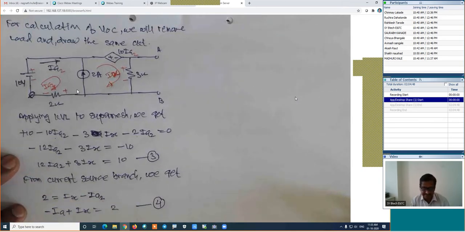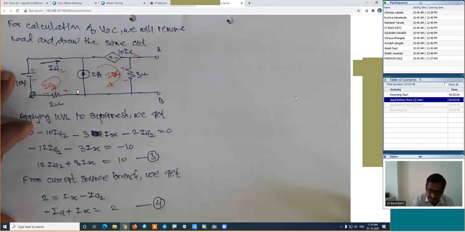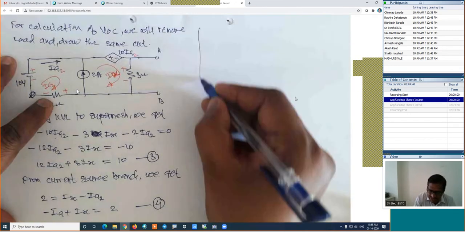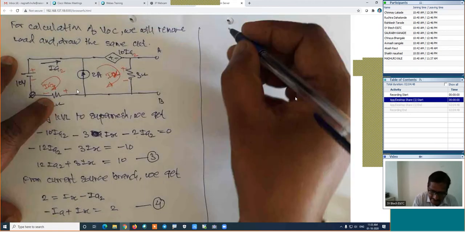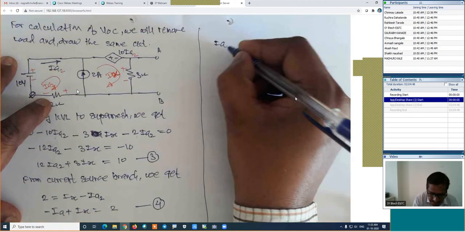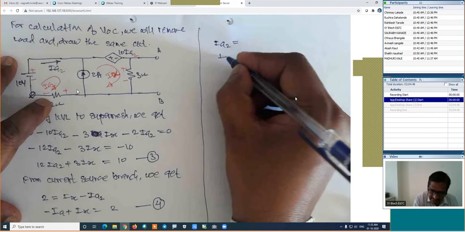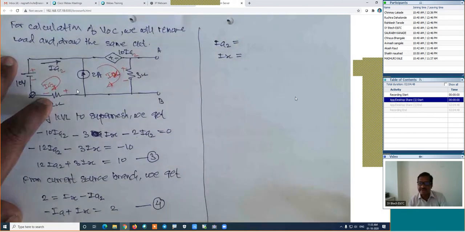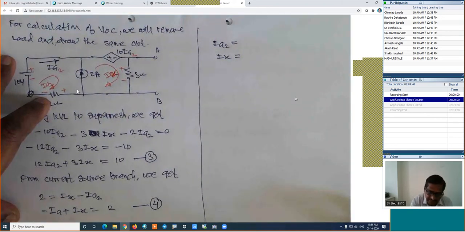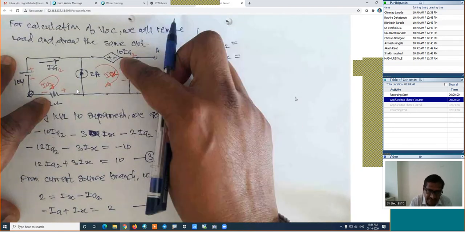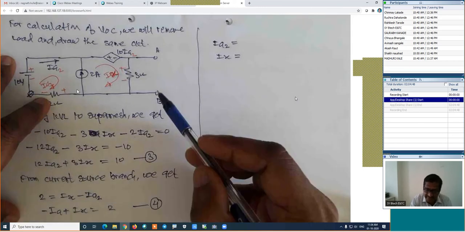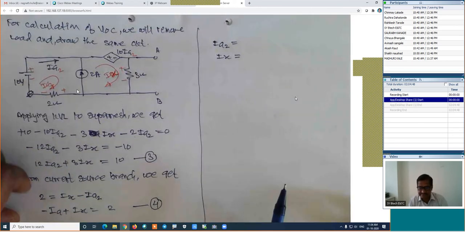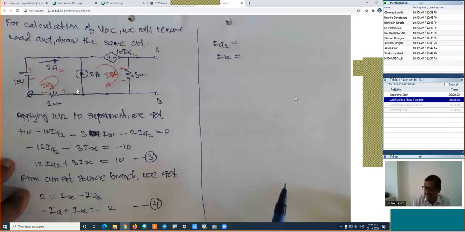Is it right? Now, in this case, we have two equations and two unknowns, and the unknowns are IA2 and IX. But here, we are interested in IX because we want to find out this open circuit voltage. Current in this branch is our interest. That's why find out these two values and tell me the answers. What is the IA2 and what is the value of IX?